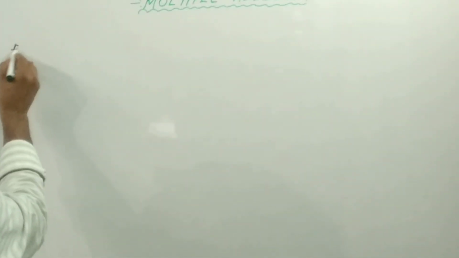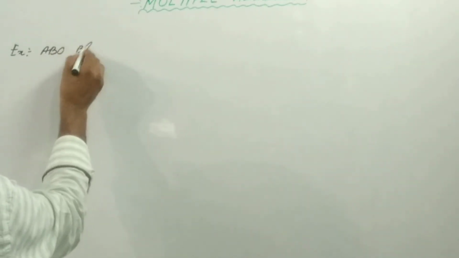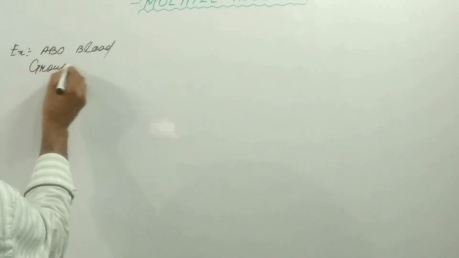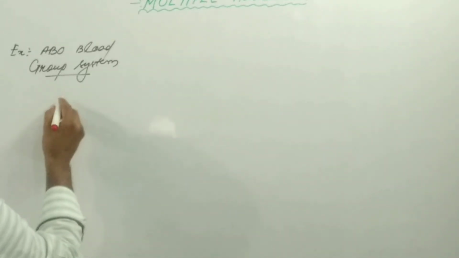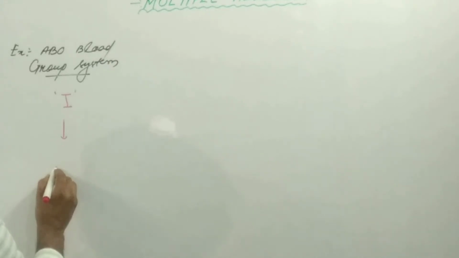The second example may be the ABO blood group system. In case of human, suppose the blood group is controlled by a gene, capital I, and it has different forms.